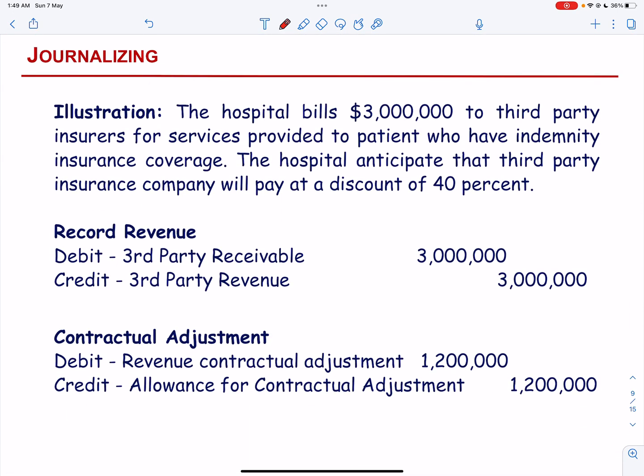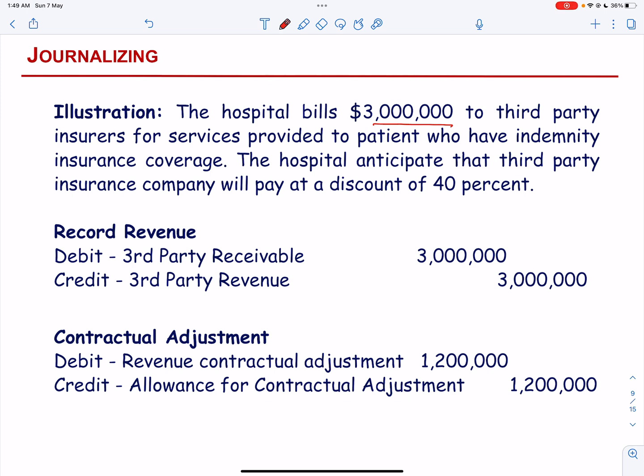Now during the week, the hospital bills 3 million to third party insurers for services provided to patients who have indemnity insurance coverage. Note, this is indemnity, it will not be recorded at gross.